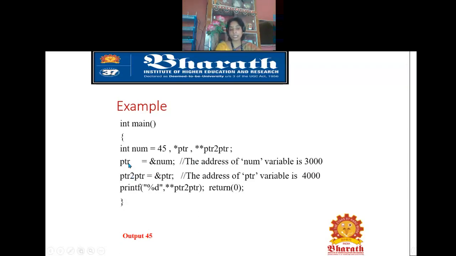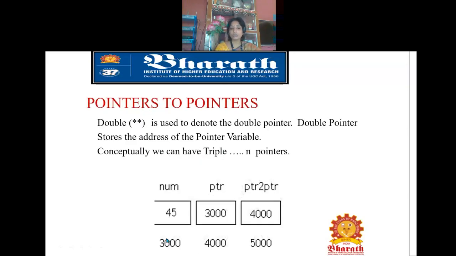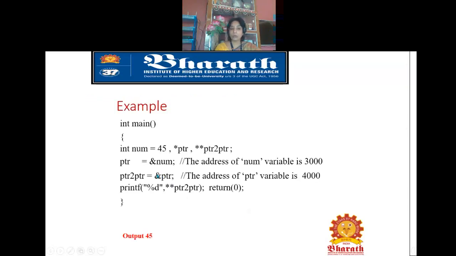Then I am going to create a pointer to this pointer. This pointer is stored inside a memory location, 4000. So this 4000, the address of this ptr, is stored inside this ptr to ptr.